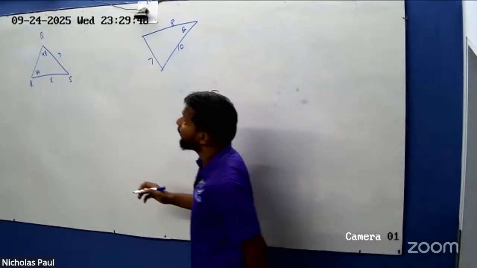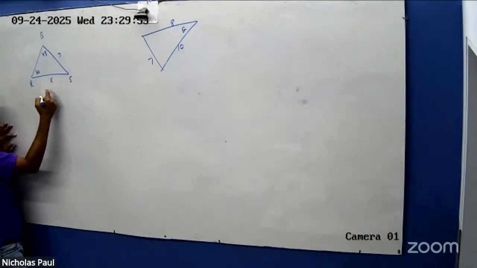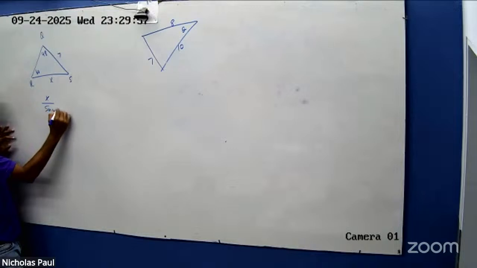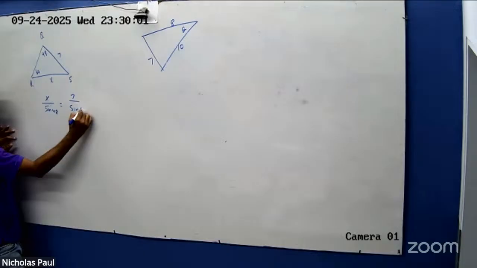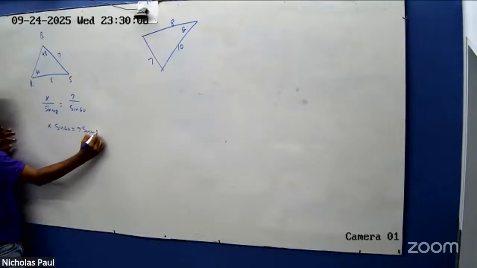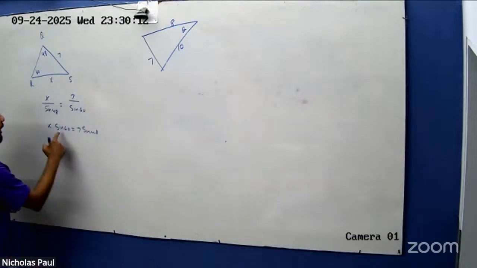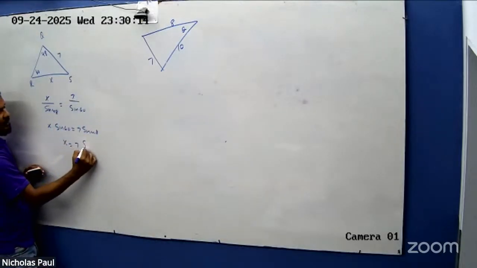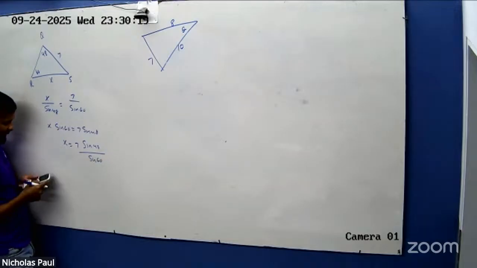Right. So you might be able to see it better here, right? So if you look here now, we have to find x. So that will be x over sine 48 is equal to 7 over sine 60. Cross multiply: x sine 60 is 7 sine 48. And then carry across sine 60, you'll get 7 sine 48 over sine 60.